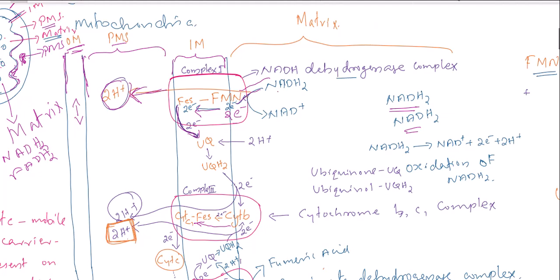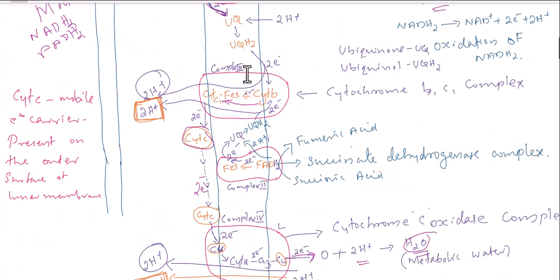Here complex 3 receives the electrons and hydrogen ions from ubiquinone, and the electrons are passed among its components. Inside complex 3 there are cytochrome B, cytochrome C1, and one FeS.